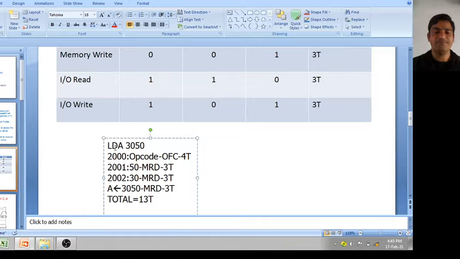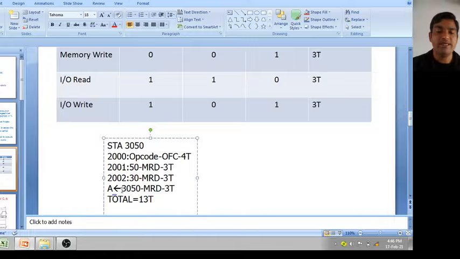Now suppose I change this instruction to STA 3050. What will happen? First fill the bytes: in 2000 opcode fetching, in 2001 50, in 2002 30, memory read.